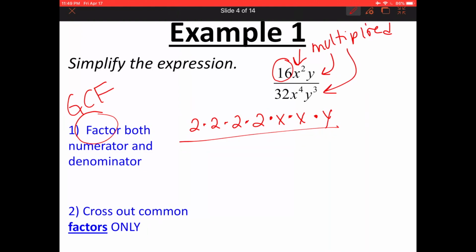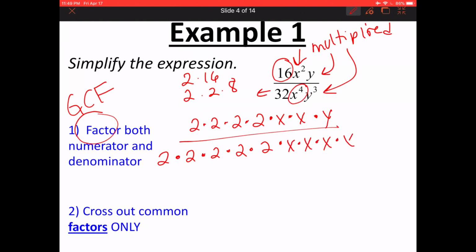For 32, I'm going to put 2 times, remember 32 could be 2 times 16, 16 could be 2 times 8, and then we keep breaking apart from there. So my final way of breaking down 32 is 2 times 2 times 2 times 2 times 2. For x to the fourth, I'm going to put x times x times x times x. And for y cubed, I'll put those 3 y's.